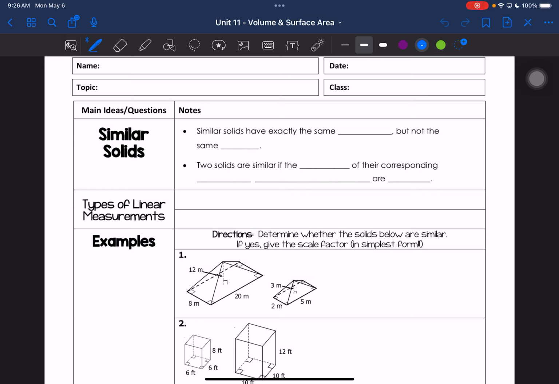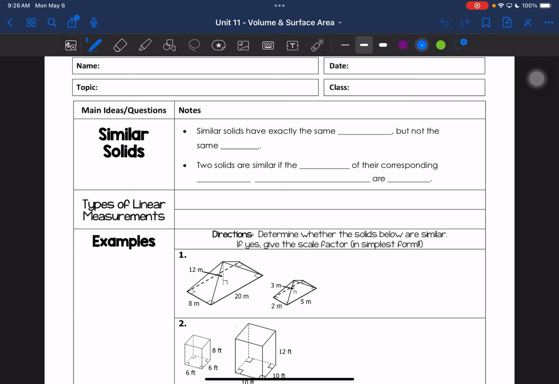Hello everyone, so we're gonna do 9.10, which is still talking about volume and surface area of 3D shapes a little bit, but now we're gonna talk about similar solids. You might remember Unit 6, I believe, was all about triangle similarity, and this is kind of that same concept.